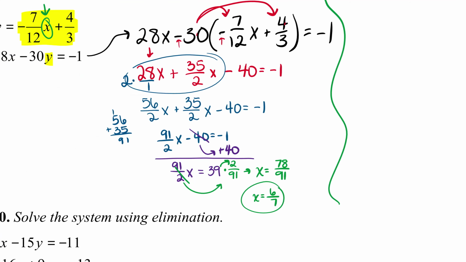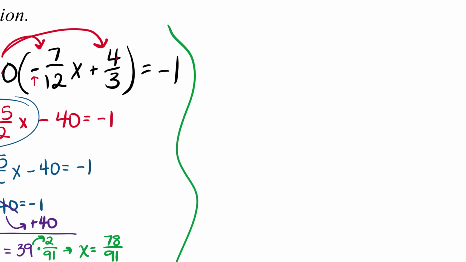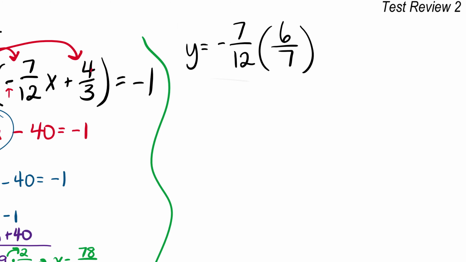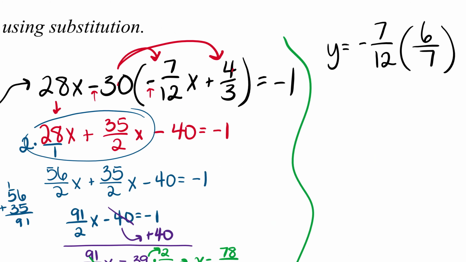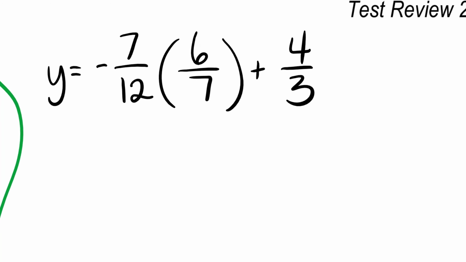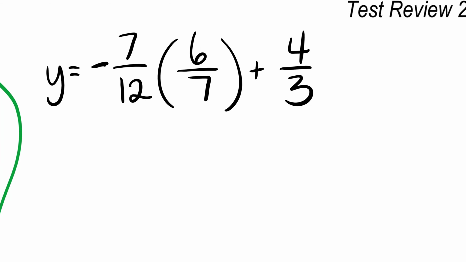So I have y equals negative 7 over 12. Instead of x, we're going to put in our 6 over 7. And you'll see how awesome this works out in a minute. 6 over 7, and then was that plus 4/3? Okay, plus 4/3. Some of you already see it and you're going, oh, I know what you were going to do.